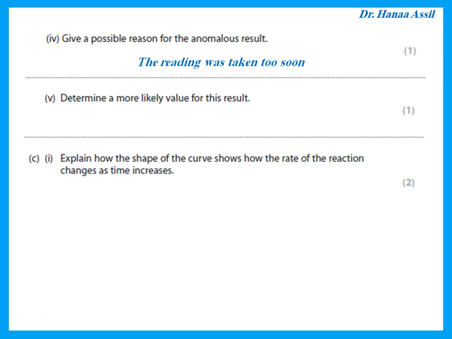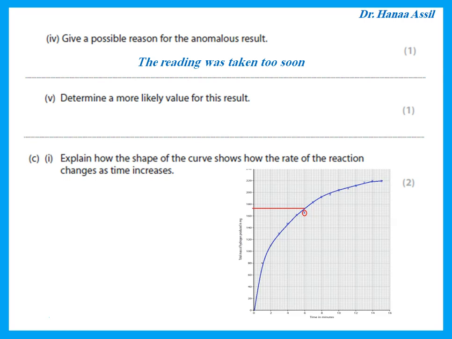Determine a more likely value of this result that you get from the graph. So at that point, we circled the one at 6 minutes. So at 6 minutes on my graph, he was supposed to have 172 milligrams.